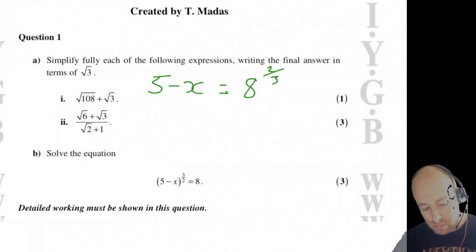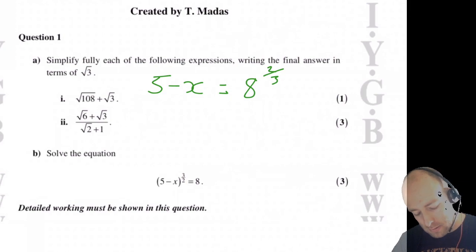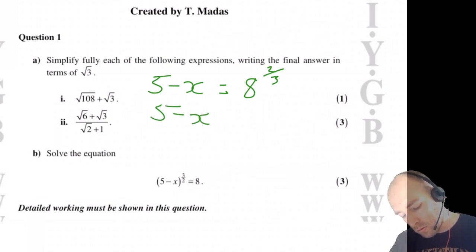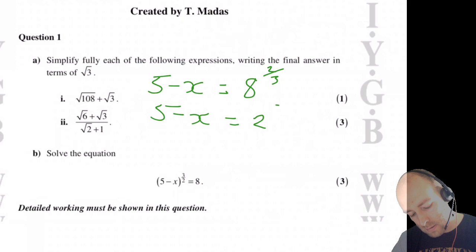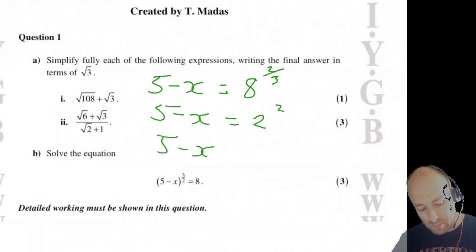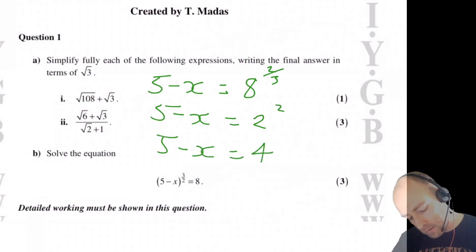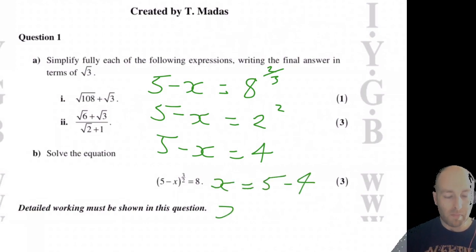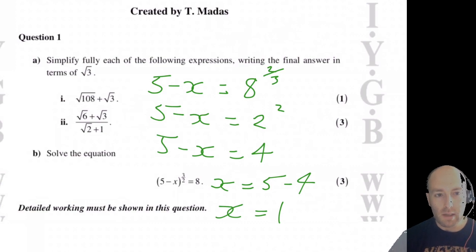So I'm going to cube root 8 and get 2, so 5 minus x equals 2 squared. So 5 minus x equals 4. So x equals 5 minus 4, x equals 1. And that's how we do that one.